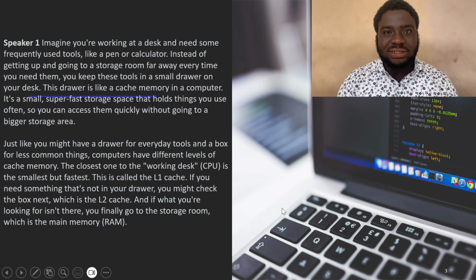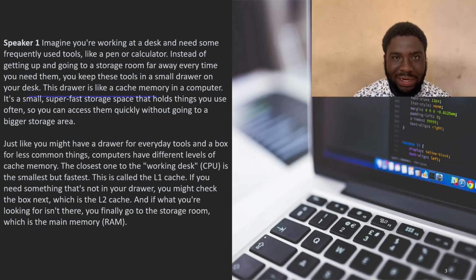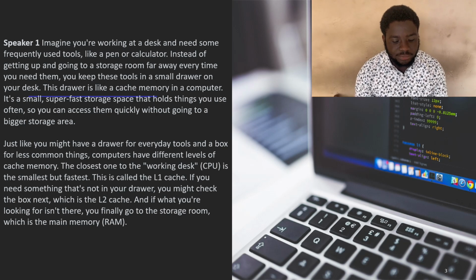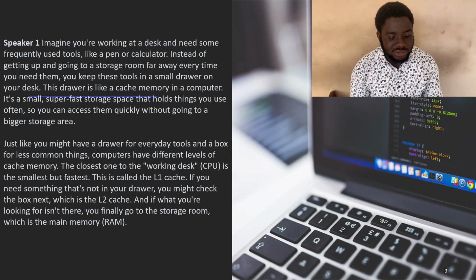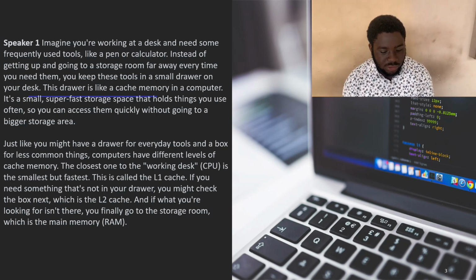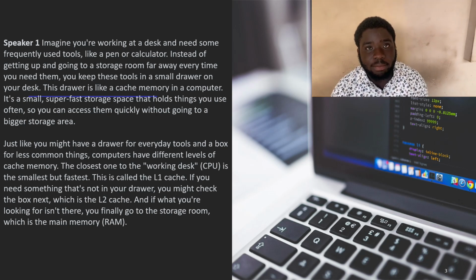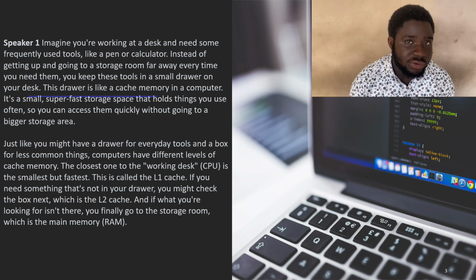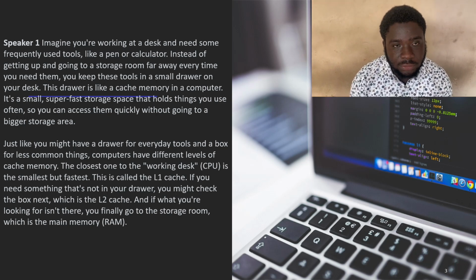Imagine you are working at a desk and you need some frequently used tools like a pen, a pencil, an eraser, or something you need very frequently.